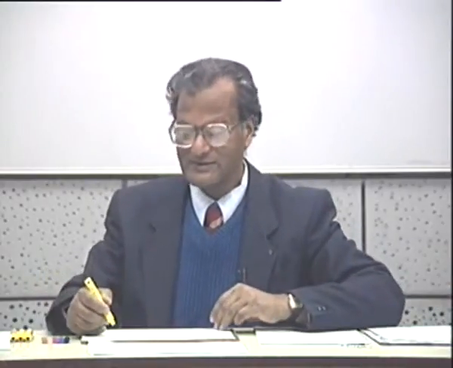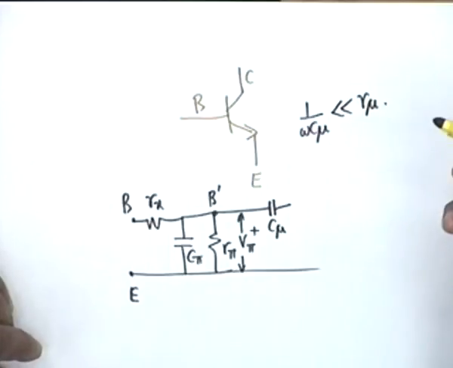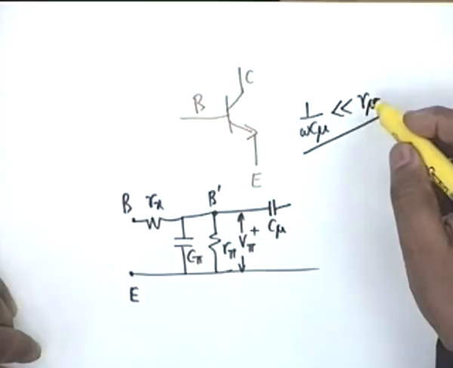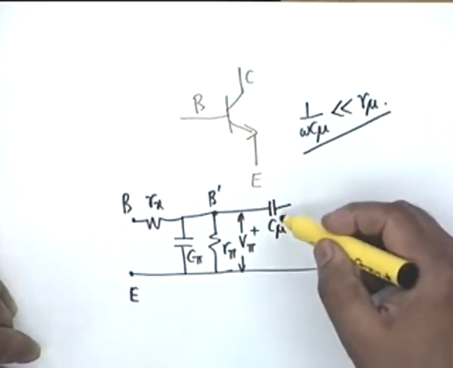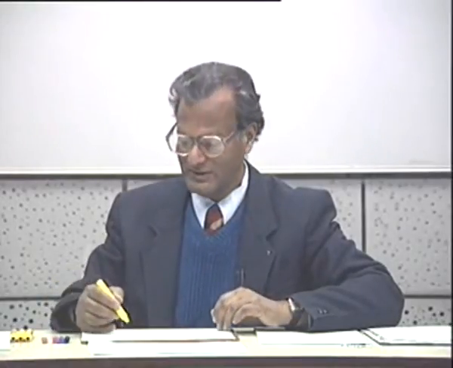In some cases we discarded it wherever inconvenient. Here the logic for ignoring is not inconvenience, it is that R mu usually is large compared to the reactance of the capacitor. So, we do not include R mu. Is the point clear?